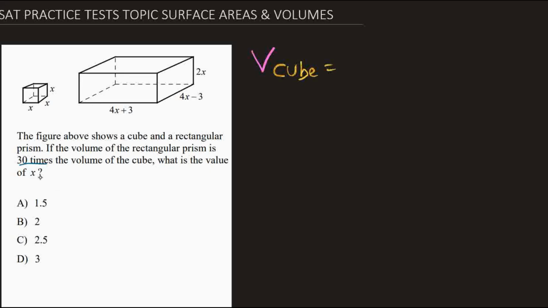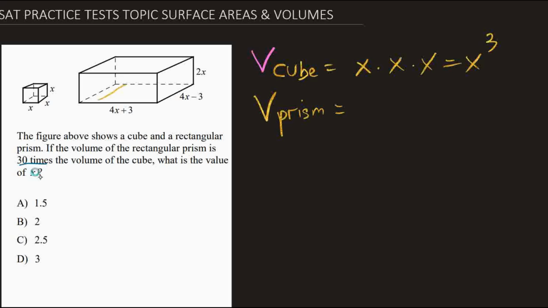So volume of the cube is x times x times x. As we know, volume of cube is side times side times side. So x times x times x is equal to x cubed. While volume of prism is equal to base area.